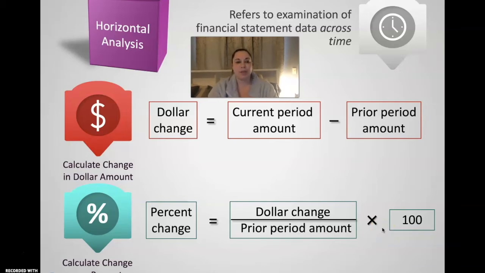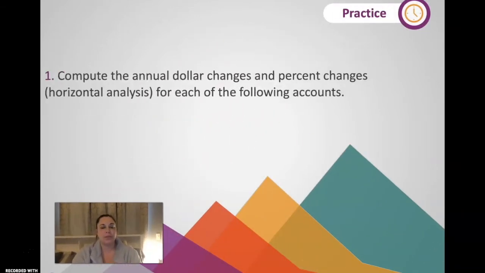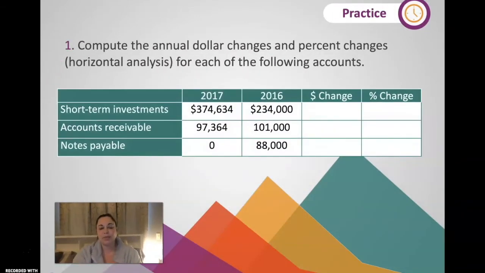So if you open up your classwork, we're going to go over the chapter 17 classwork, problem number 1. You can just follow along with me as we do this. Remember, it goes in kind of backwards order, where it starts with the newest year and then goes to the oldest year. We want to find the dollar change and the percent change.